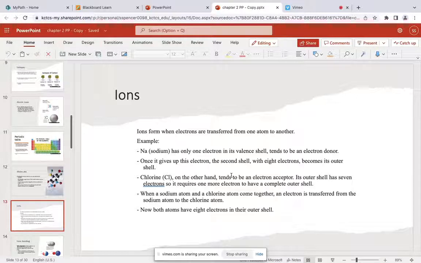So let's go over some definitions that we've already highlighted so far. We said that atoms are made up of subatomic particles: protons, neutrons, and electrons. Protons and neutrons exist within the nucleus. Protons are positively charged.